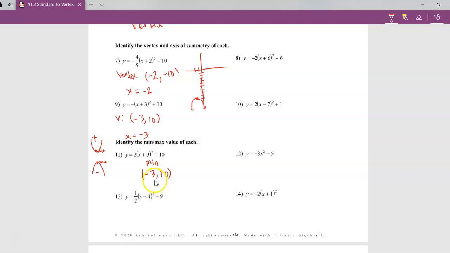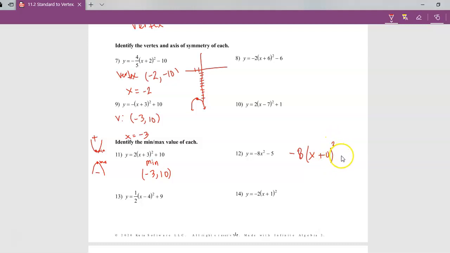Okay. I said I was doing odds, but I'm actually going to do number 12 because it looks a little bit different. So I'll have you do 13 and 14. This one is actually missing the x term. So this one is actually in standard form in a way, but it is also in vertex form because I could write this as negative 8 times x plus 0 or minus 0.